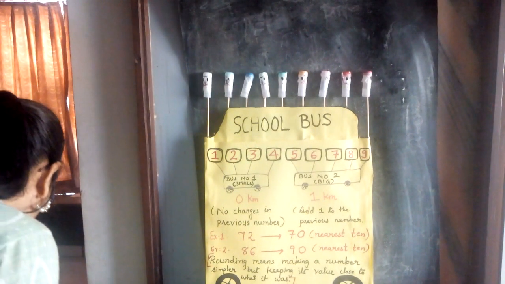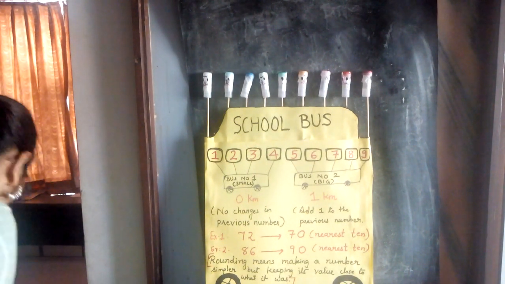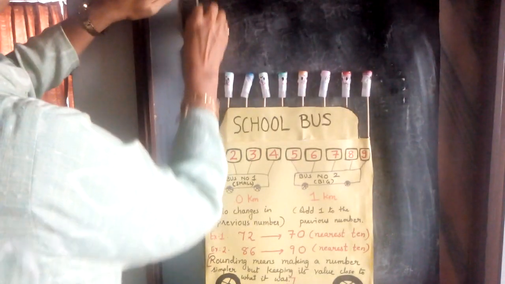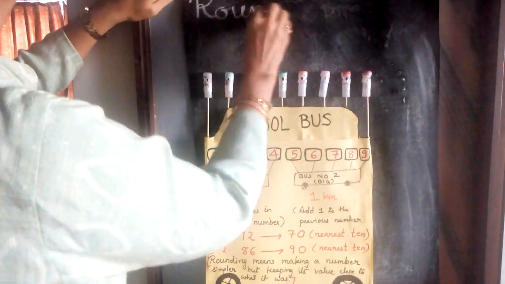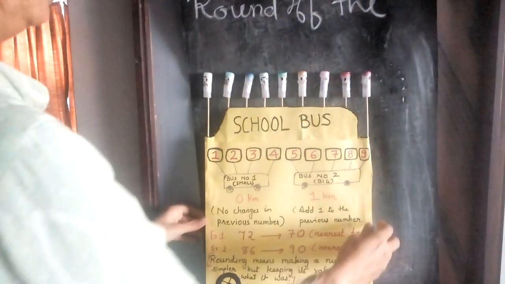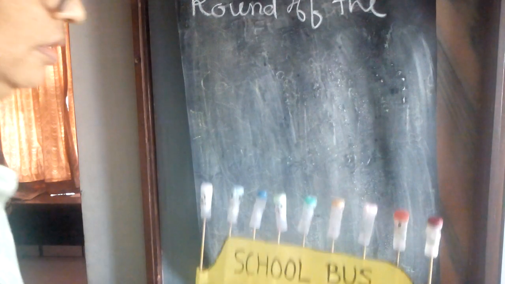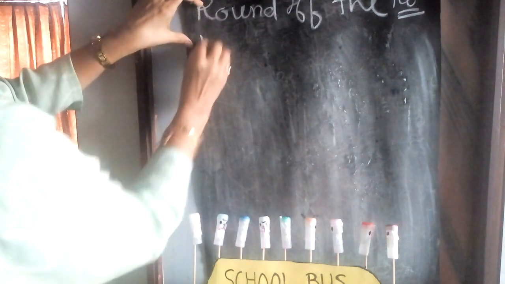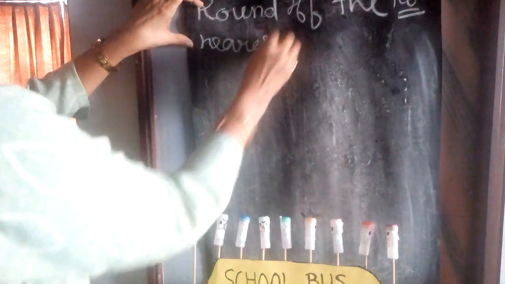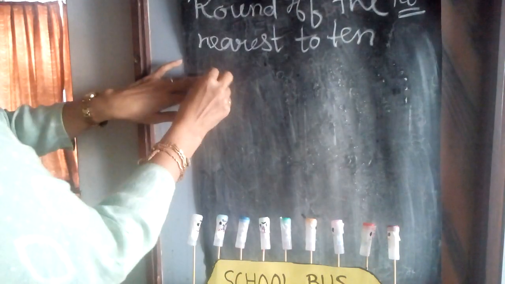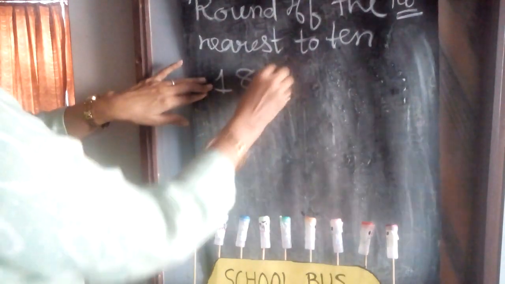Now suppose children, you are asked to round off the number to the nearest 10, and your number is 184.